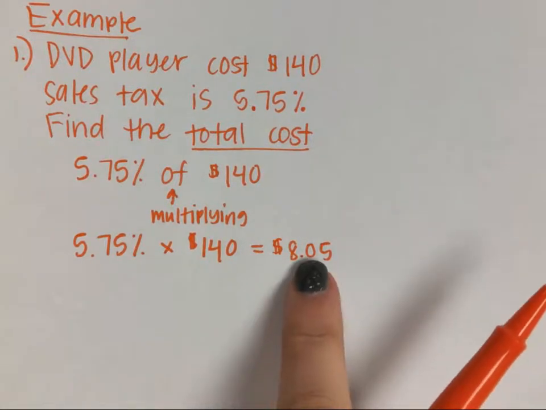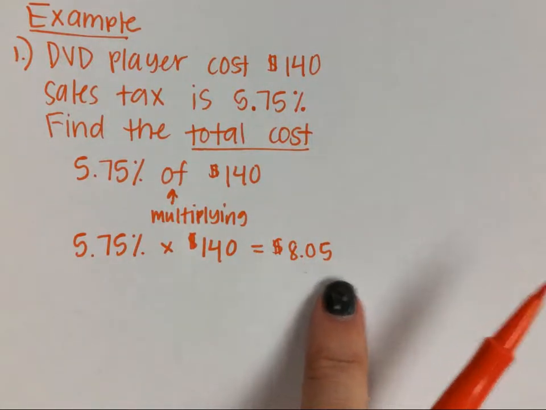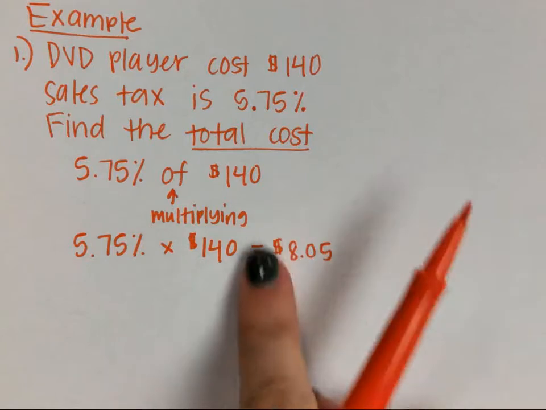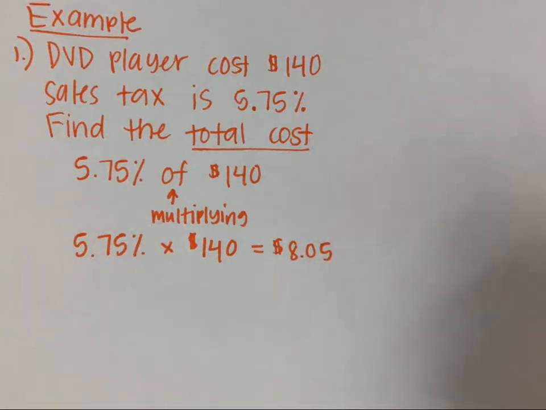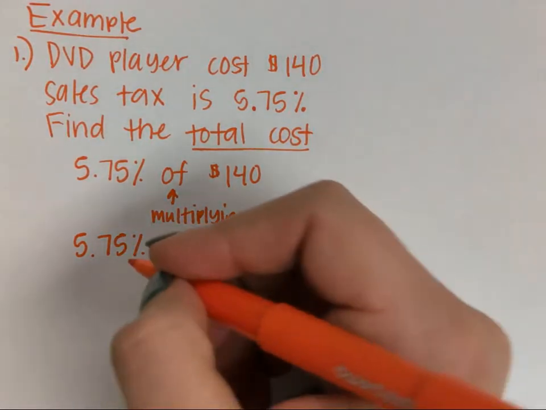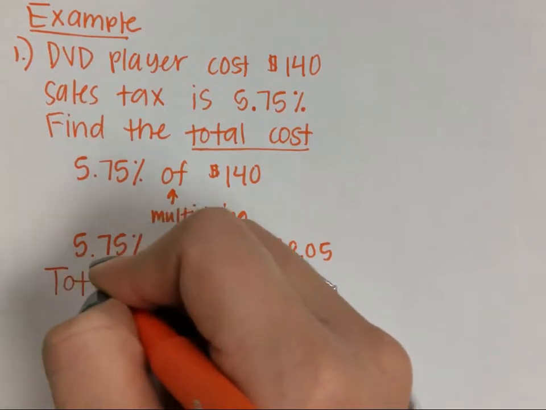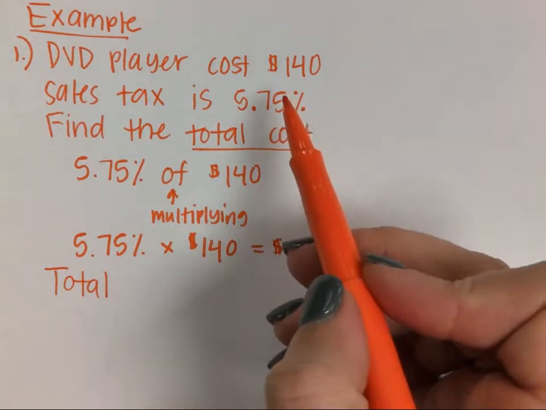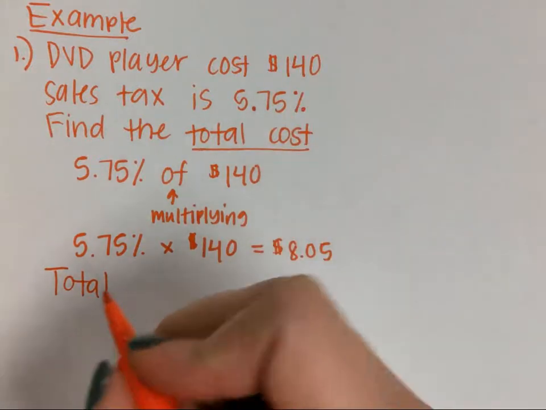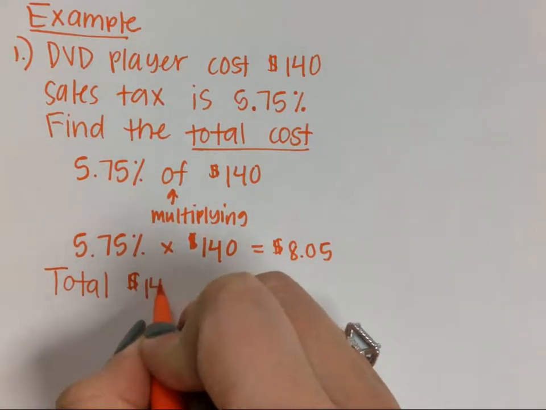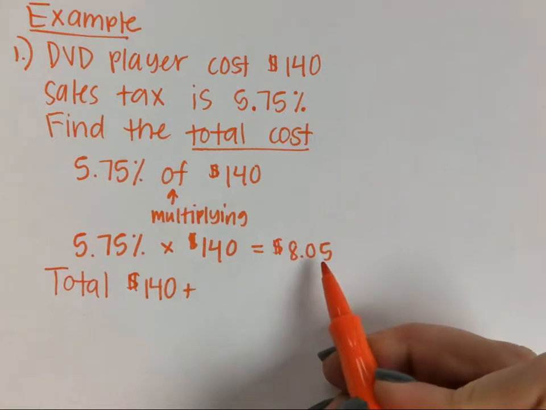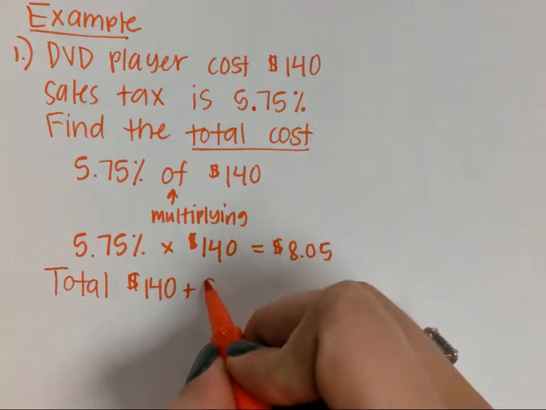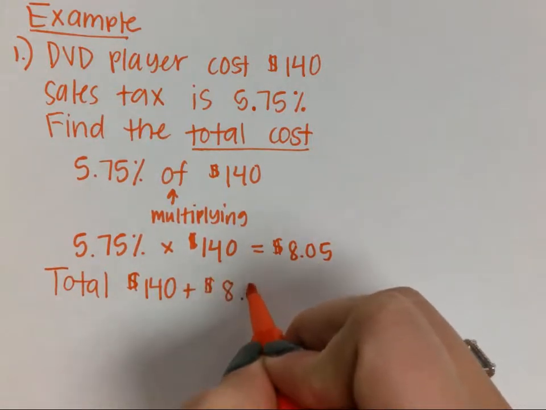That does not tell me how much I'm paying the store. That simply says that's how much tax I have to add to that regular cost. So to find the total cost, we are adding the original cost, which in this case was $140, plus the sales tax that we just found, which is $8.05.